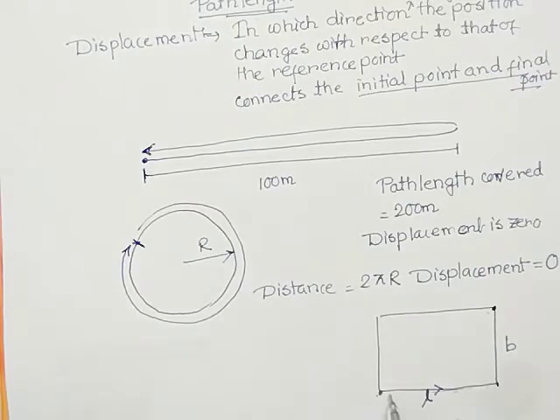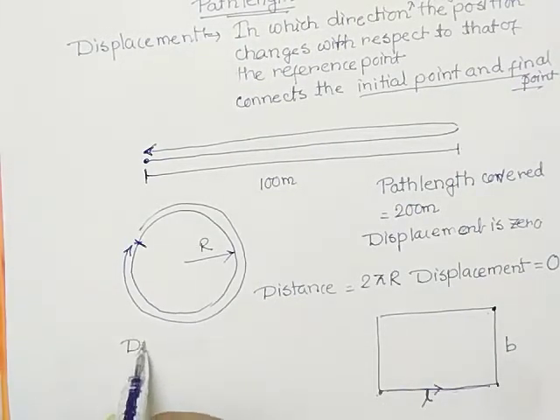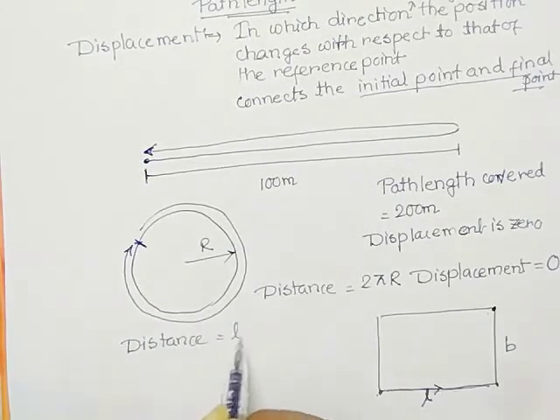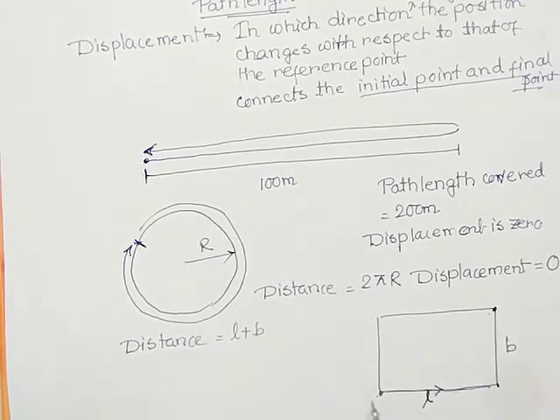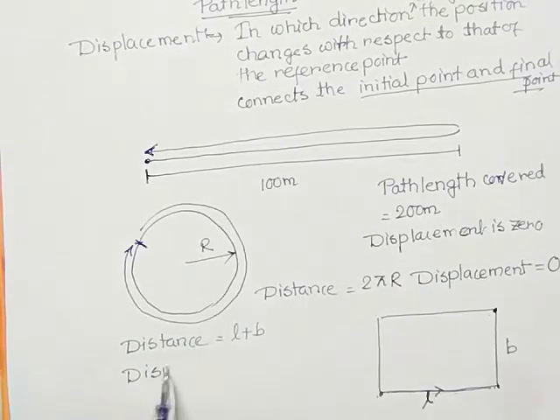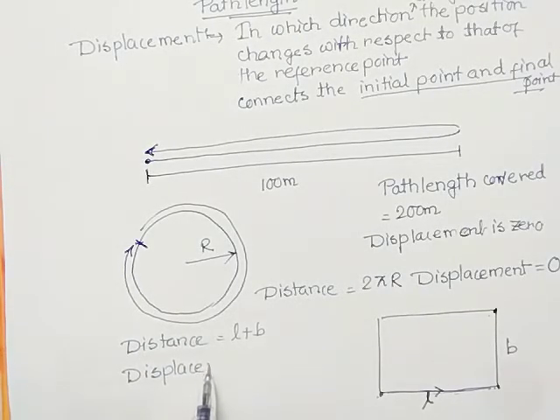The distance is the path covered, so the distance is L plus B, that is from here to here L, then here to here B. But what is the displacement? Displacement is concerned about the initial point and the final point.